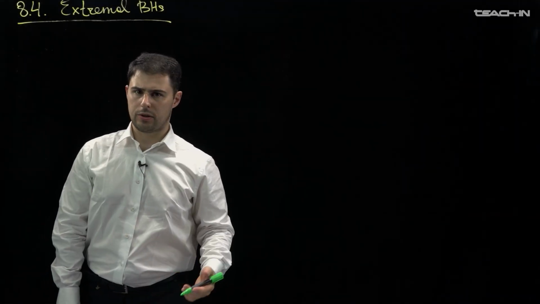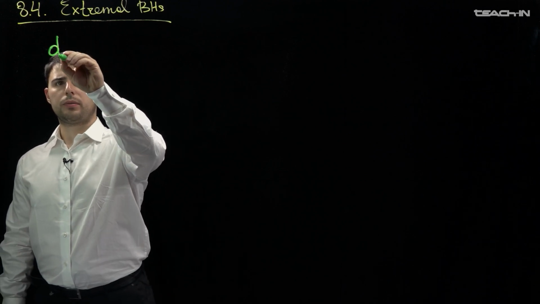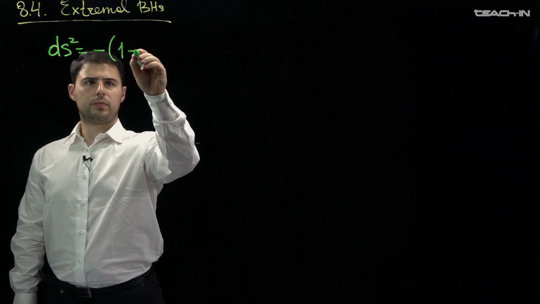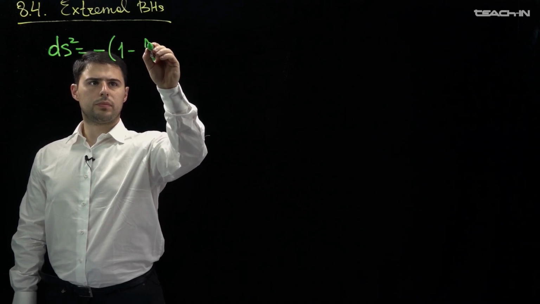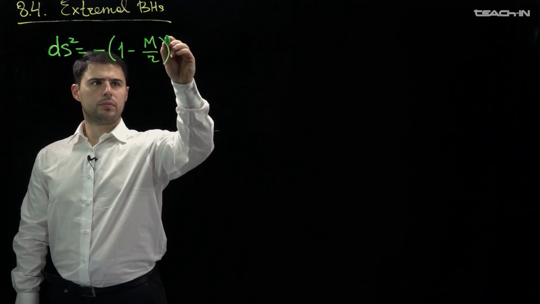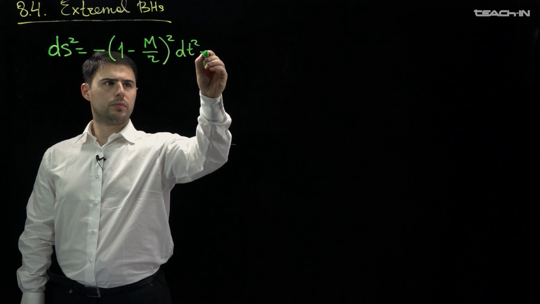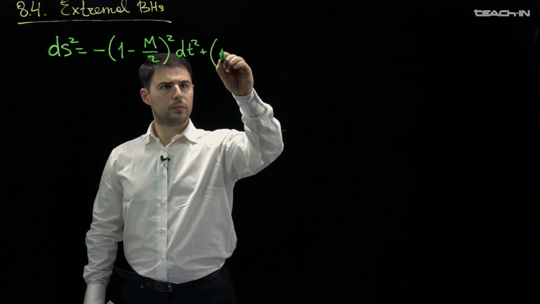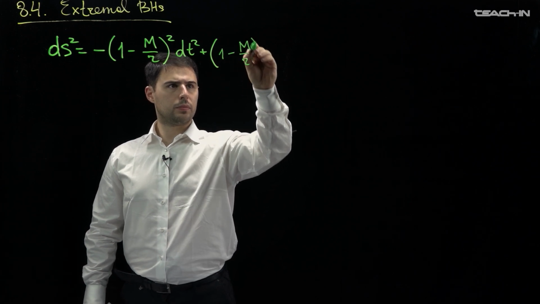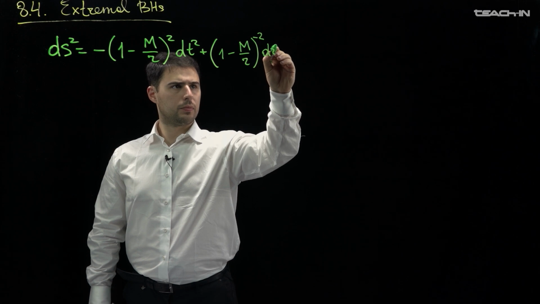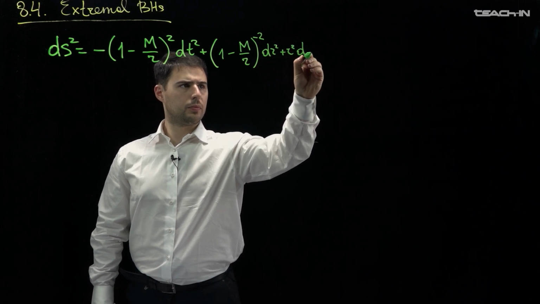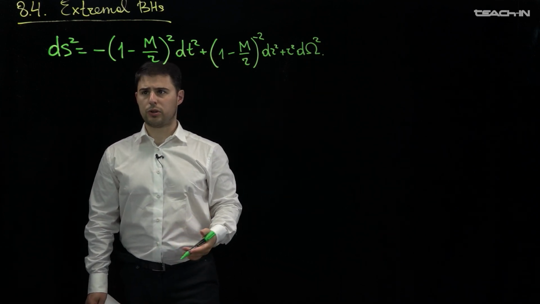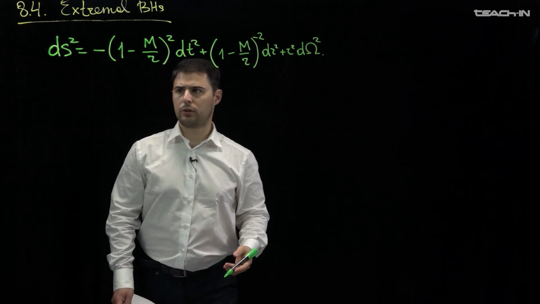Now, let us consider the extremal case. The metric is then given as follows. Naturally, we can also introduce the ingoing Eddington-Finkelstein coordinate.